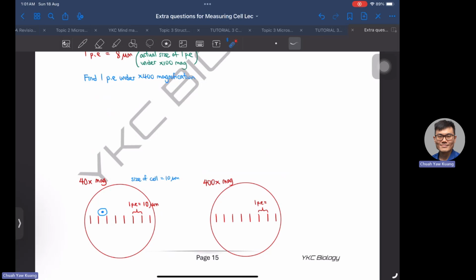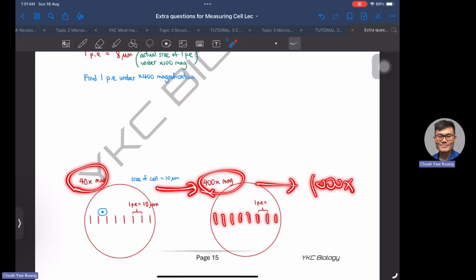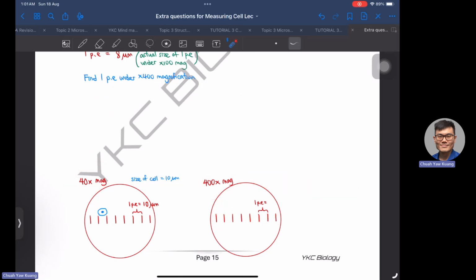But for the eyepiece reticule, the scale is always the same. All the eyepiece reticule pitch, the size is always the same, no matter if you increase from 40 times to 100 times to 400 times or even to 1000 times magnification. Only the size of the stage micrometer and also the size of the cell will be enlarged when we increase the magnification.